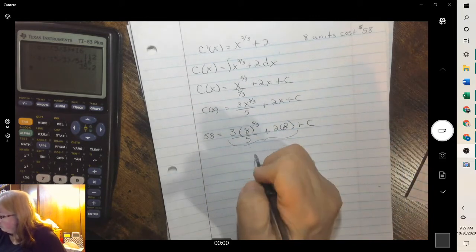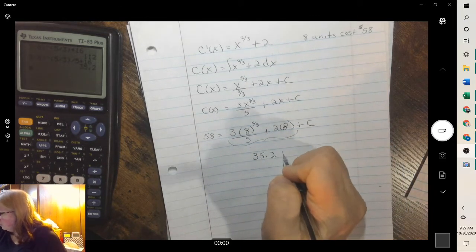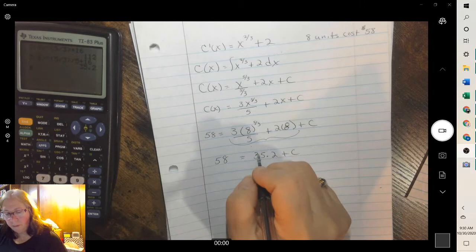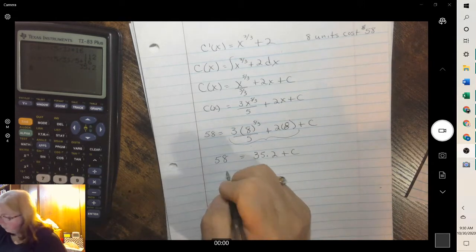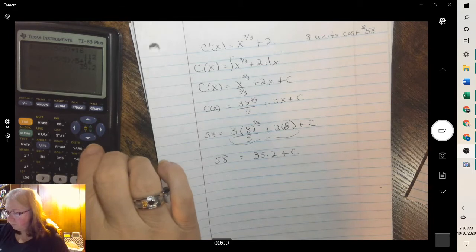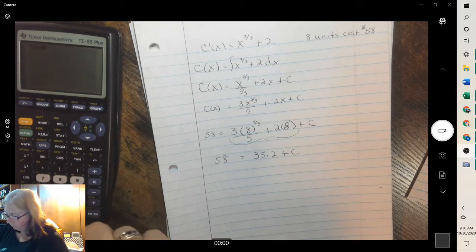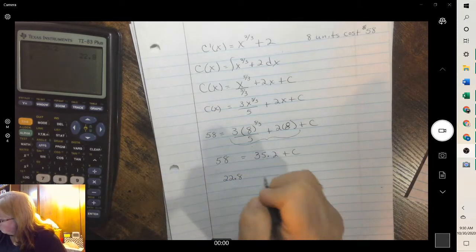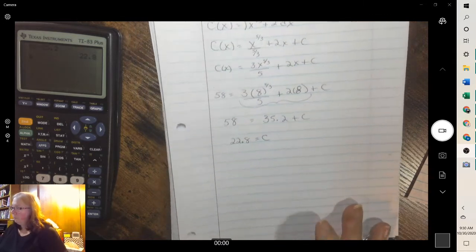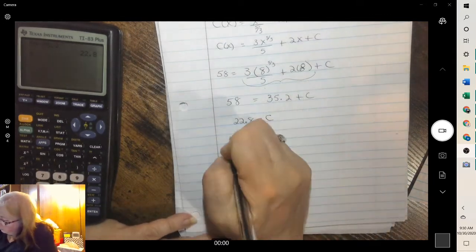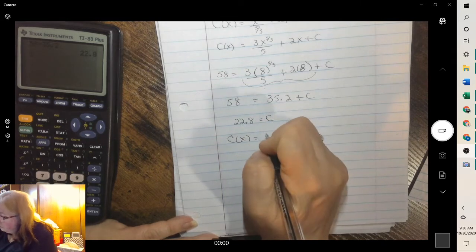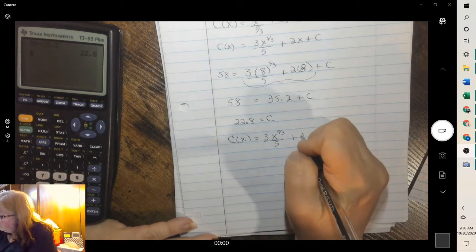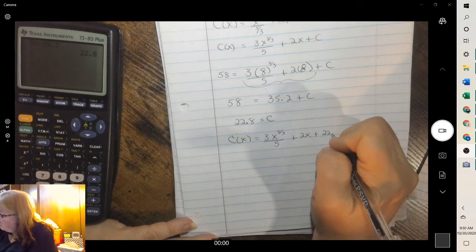When you calculate all of this, you should get 35.2. And then subtract the 35.2. So C is 22.8. We have 3x to the 5/3 over 5 plus 2x plus 22.8.